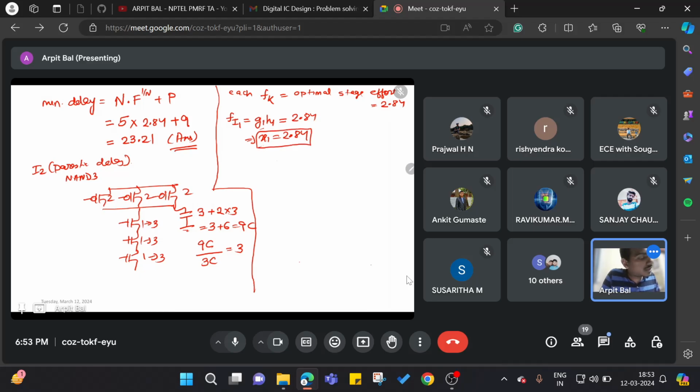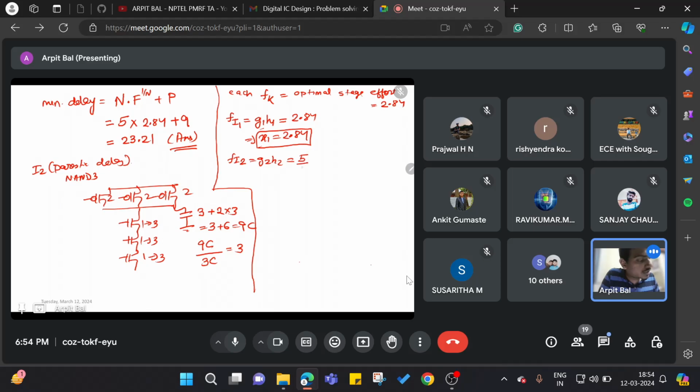Similarly F_i2, that is G2 H2. Can someone tell me what is F_i2? 2.84. No, sorry, I mean the equation for F_i2. That is G2 into H2.